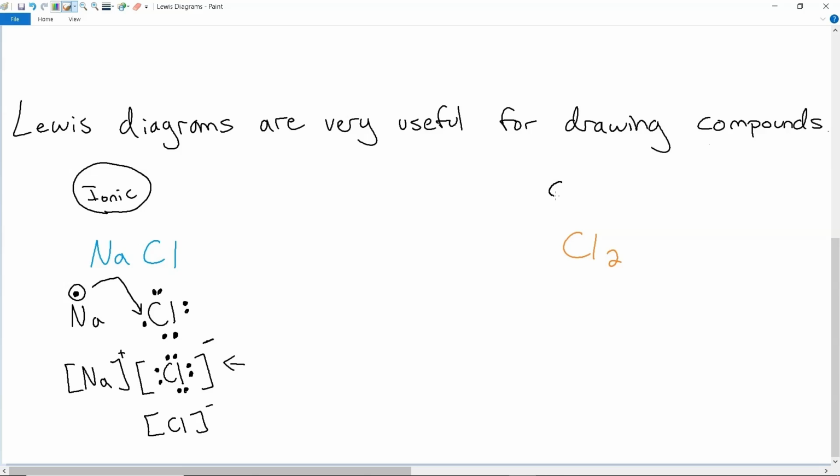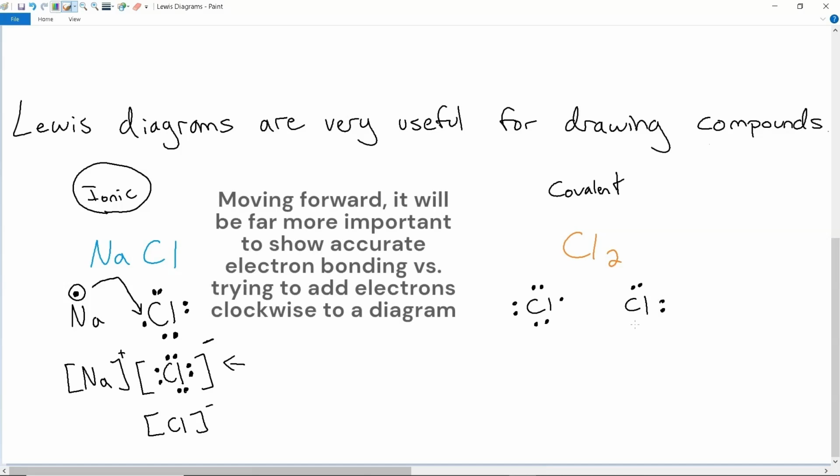What about covalent compounds? So we've got two chlorine atoms bonded together. And what I'll do is I'll just draw out two chlorine Lewis diagrams. And I'm actually going to break my rule of adding the electrons perfectly clockwise just to give you a better understanding of how these electrons are going to be shared between atoms.